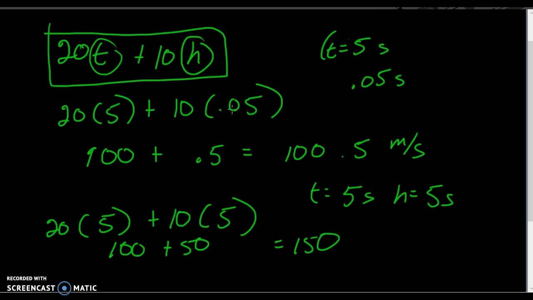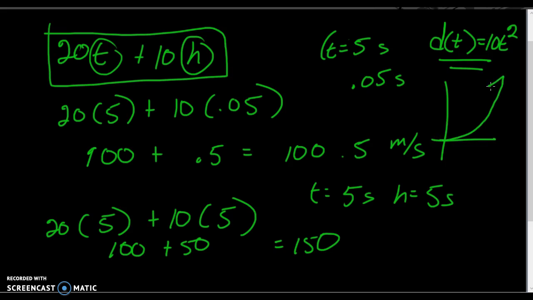And this would change dramatically if the starting point was 4 seconds, or 0, what have you. Remember, because of the original equation, d of t was quadratic.